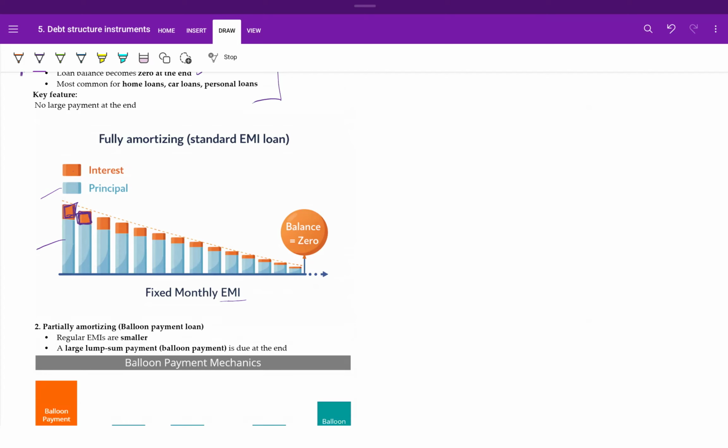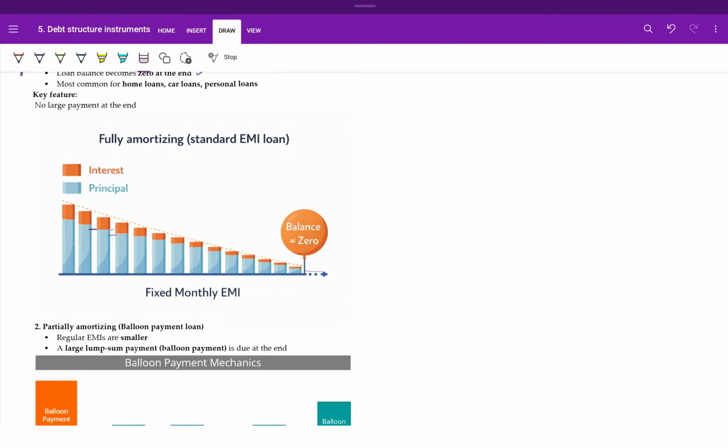He's reducing the principal, and your loan balance is going towards zero. This is as simple as it could be. I hope you have understood it.